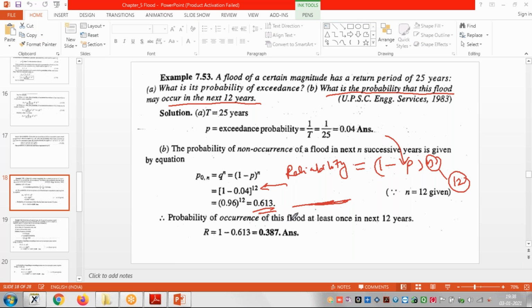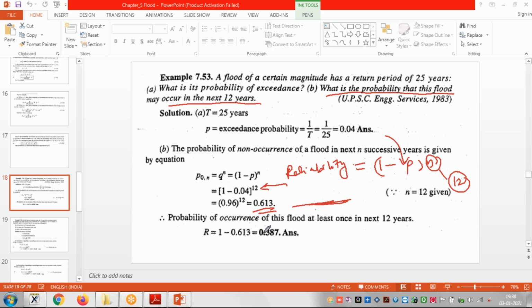Now, once we got this reliability, next they are getting the probability of occurrence of this flood at least once in the next 12 years.